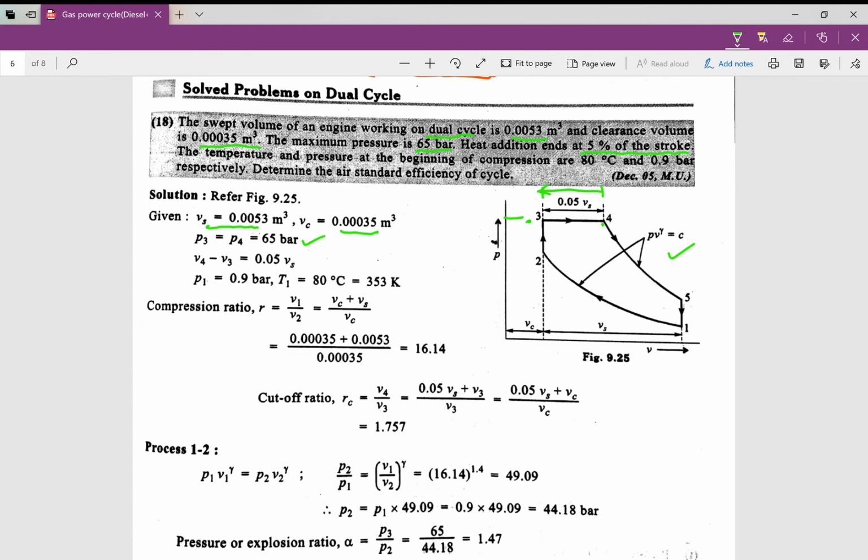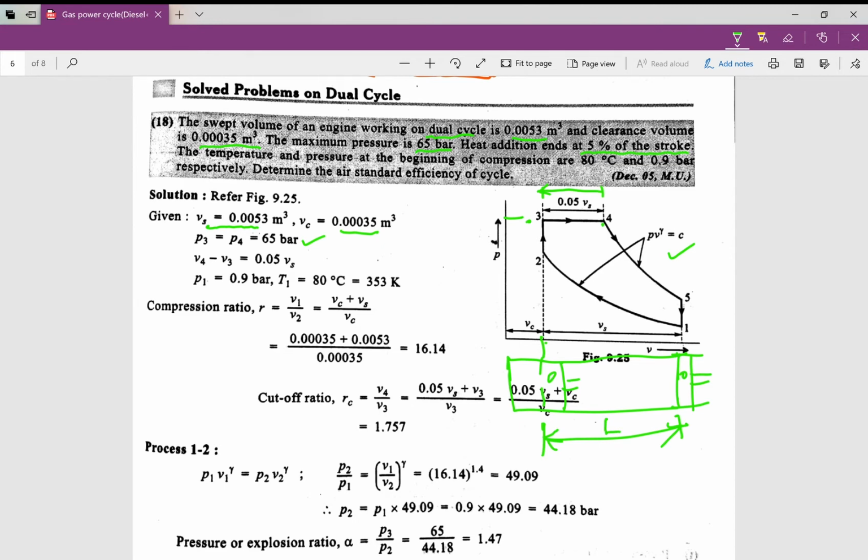Stroke volume is here now. If you draw a cylinder piston arrangement, it could be like this. Here is your piston in one position, and another position of the piston is here. The piston moves from this position to this position, and that is what we call stroke volume, and this is your stroke length.